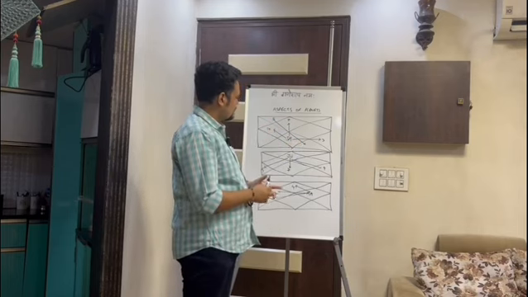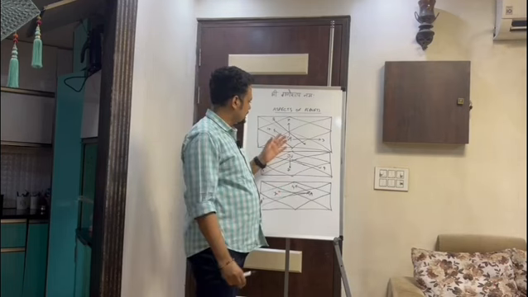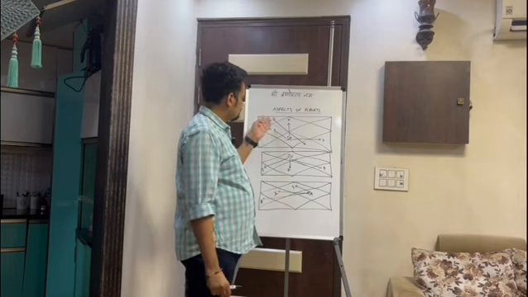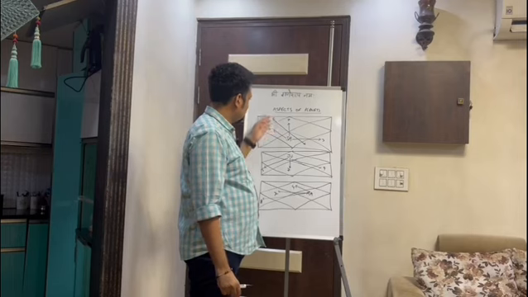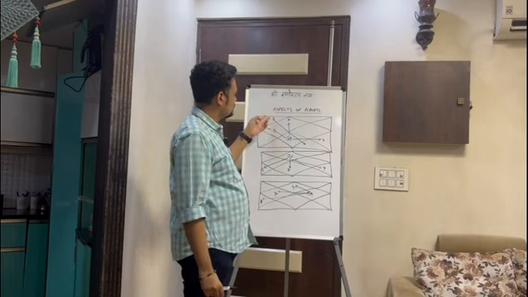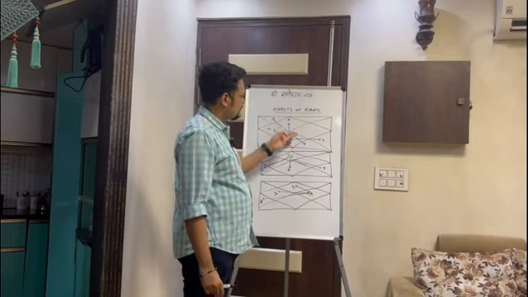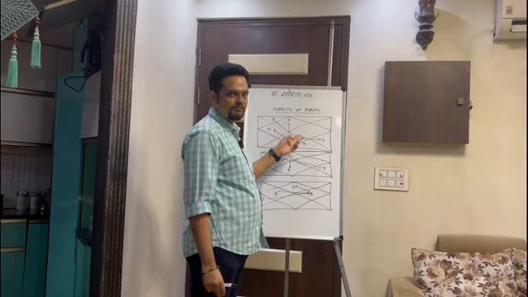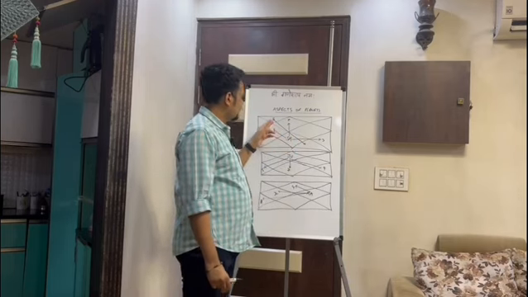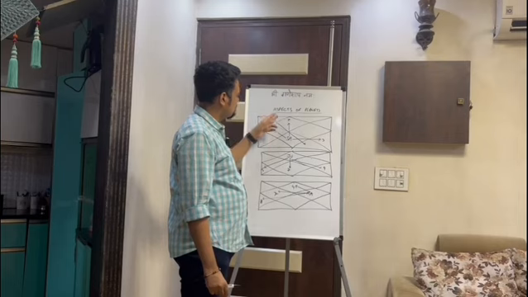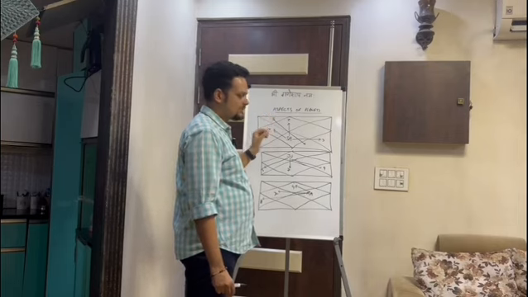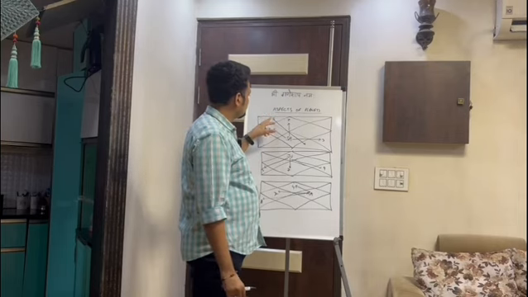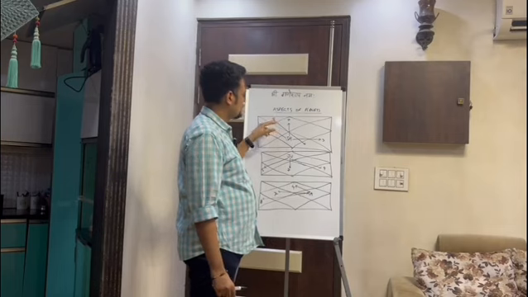The 7th aspect is very simple to learn. The house just opposite of the planet's current position is the 7th place of that planet. And if you are counting 7 places, then it is important that you count the place of the planet as well.